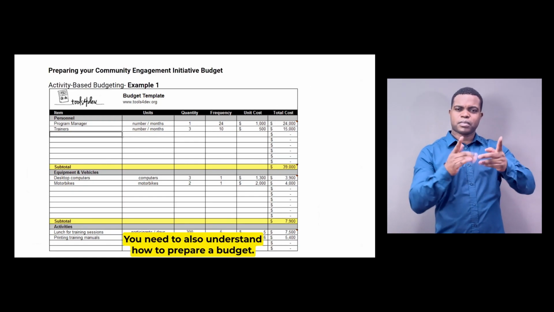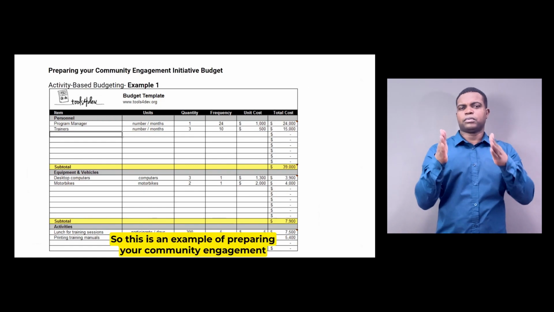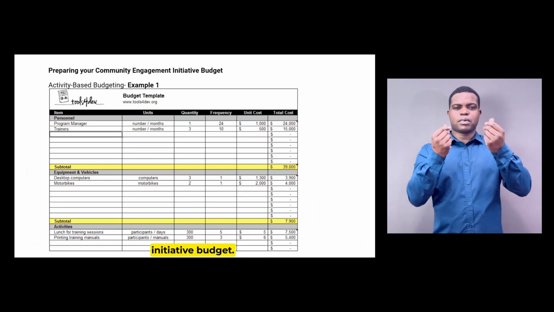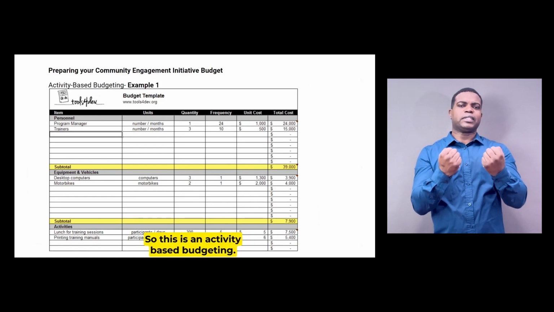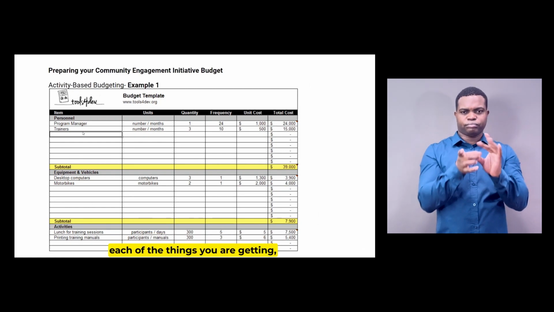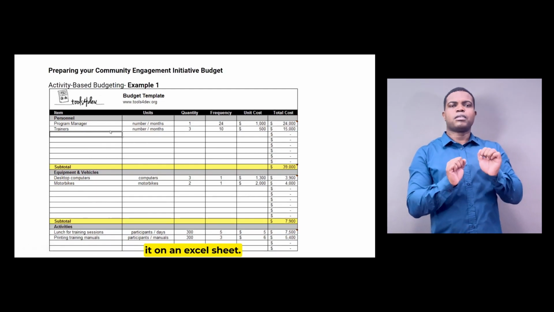So you need to also understand how to prepare a budget. So this is an example of preparing your community engagement initiative budget. This is activity-based budgeting. Each of your activities, each of the things you are getting, you are going to have on an Excel sheet.